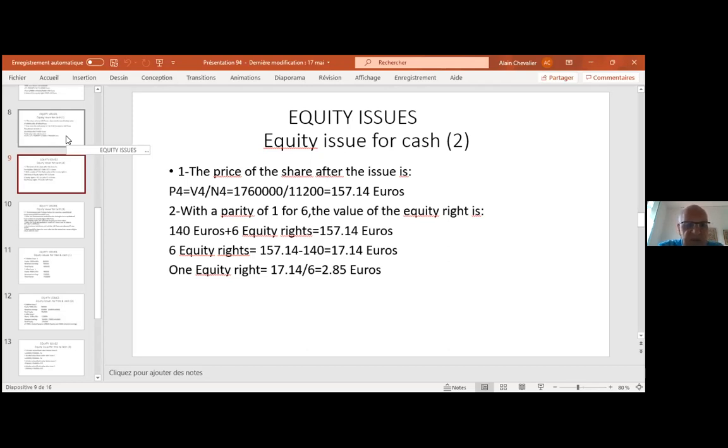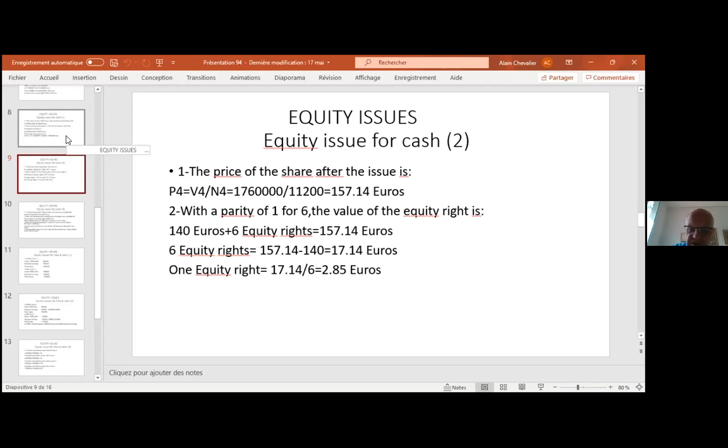So let's take what's happened. We know that the new share is sold for 140 euros. So if you want a new share, you have to go to the bank and bring 140 euros.